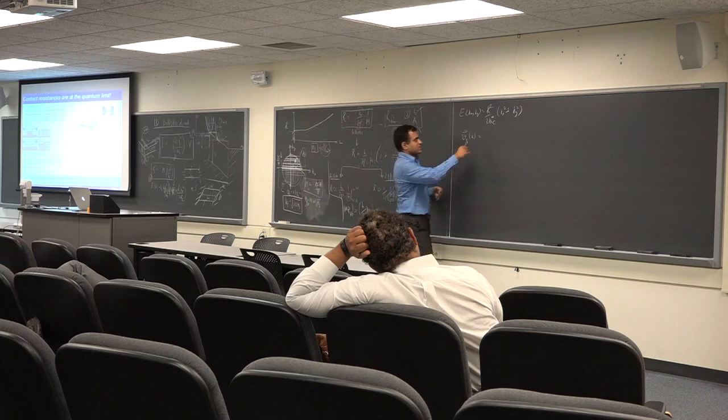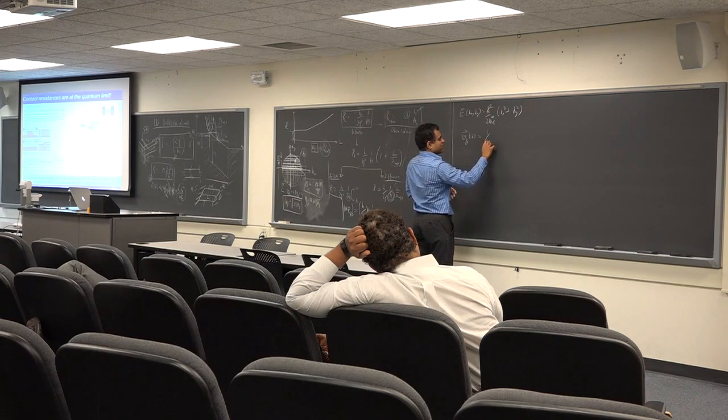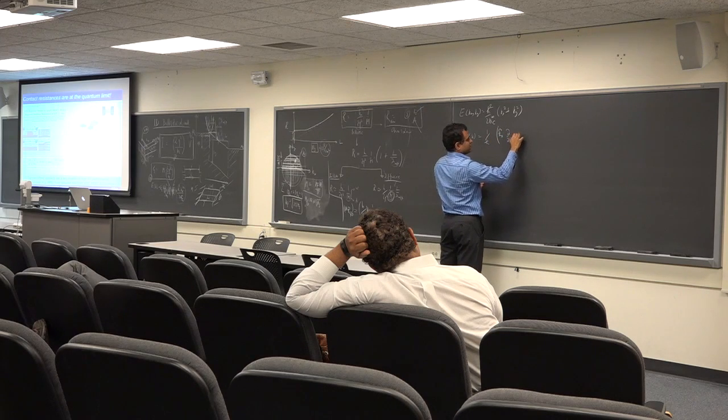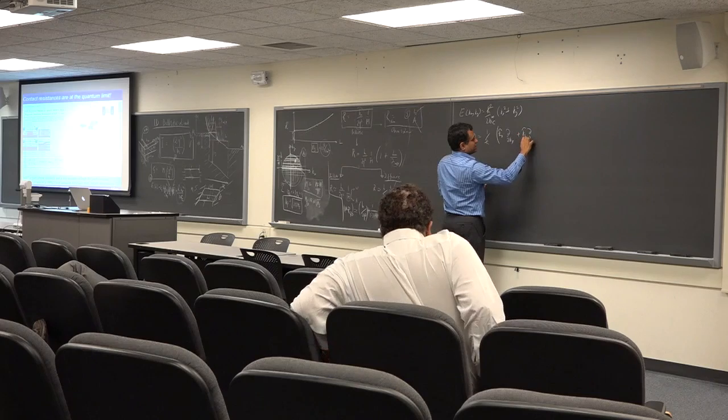I think you're doing this in your first assignment as well. It's 1 over h bar times d over dk, but really it's a gradient, so you take kx unit vector d over dkx, plus ky d over dky.